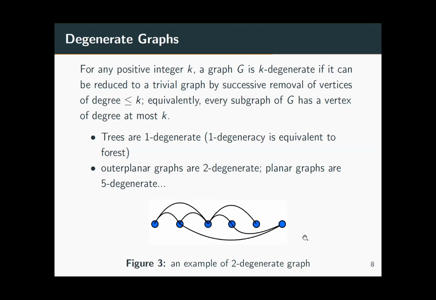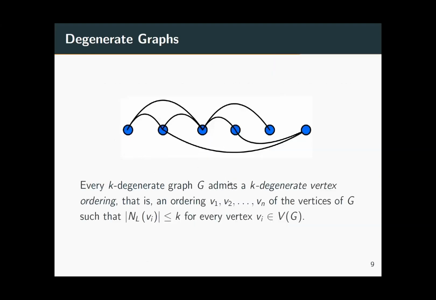By this removal process, actually we get an ordering of a degenerate graph, right? An ordering of the vertices. We actually used it in our proof, and we define this ordering.